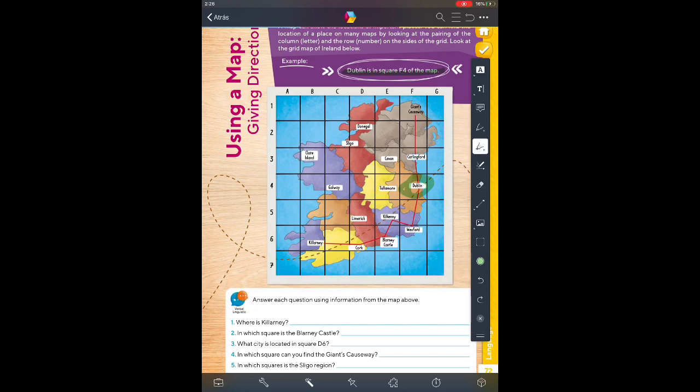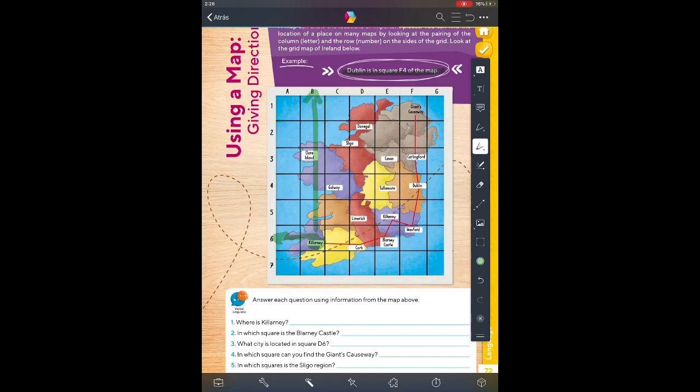So it says, where is Killarney? If that is the pronunciation, I think, Killarney. So let's find it first. It's here, okay? And you need to say in what letter is it with what number. So this one here, I am going to do it with you, okay? It says that it's here and here.